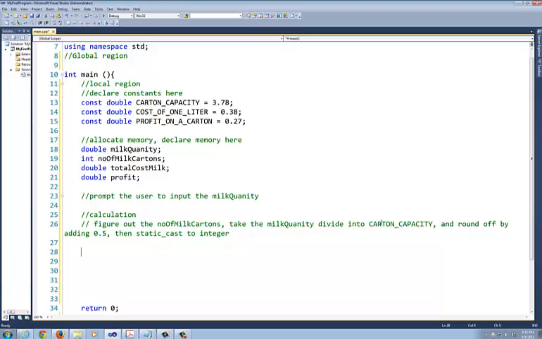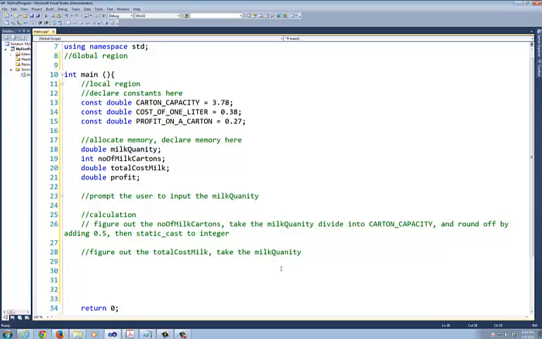Okay, so that's how you figure out the number of cartons. That's the first formula. The second formula is that you have to figure out the total cost of the milk. Right? So how do you figure out the total cost of the milk? You take the milk quantity, again 50 liters, for example, that you make that day.